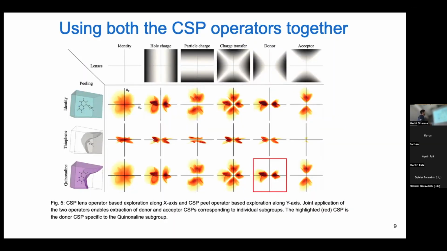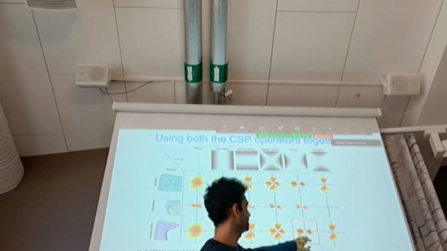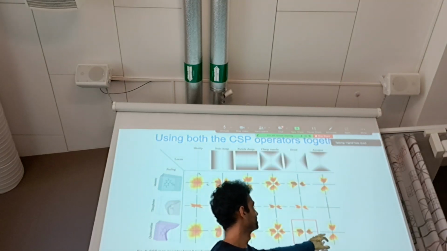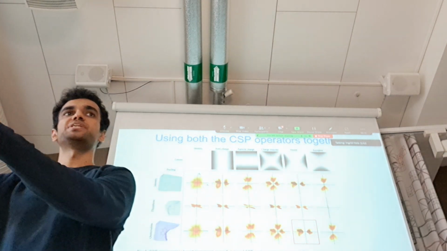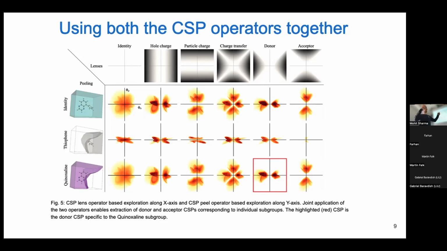If I want to identify donor and acceptor inside this particular subgroup, then I apply the lens operator on this CSP itself. And I found out that, okay, this is the donor CSP and this is the acceptor CSP. If you want to see where exactly inside space these regions are, I can select control polygons and those control polygons will give me the spatial mapping.